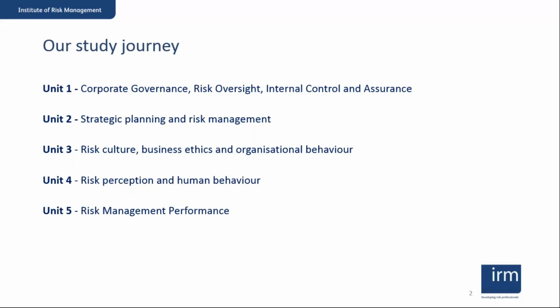I think also for Unit 5, it's a good idea to look back at Chapman again and to look at the importance of key risk indicators in the strategic management process.